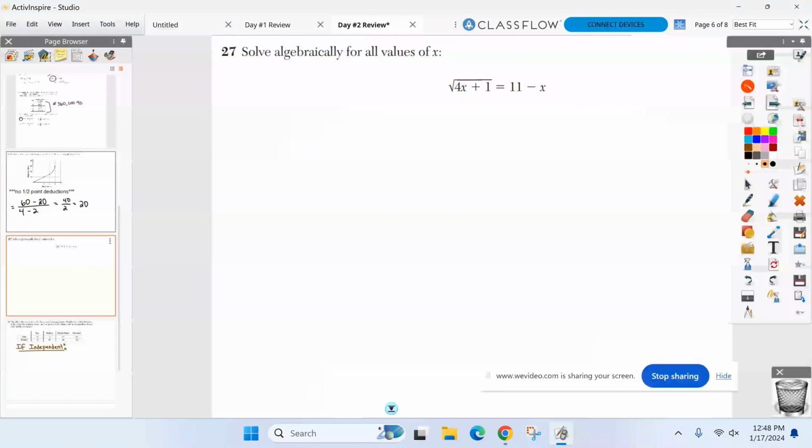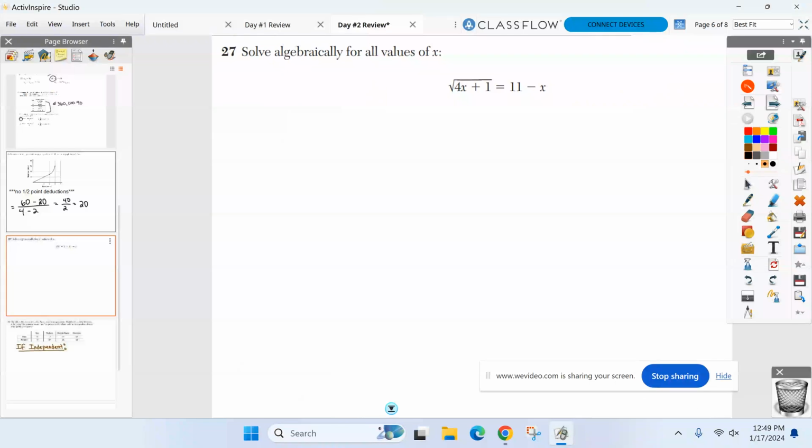All right, 27. First move. Oh no, even before. Find out what the answer is. Know what the answer is before you start.